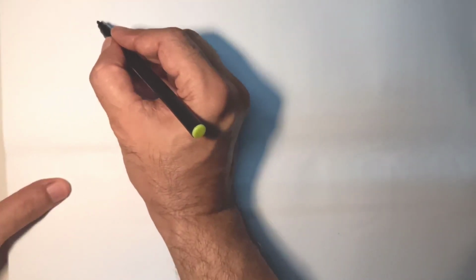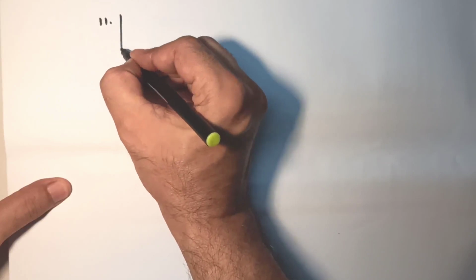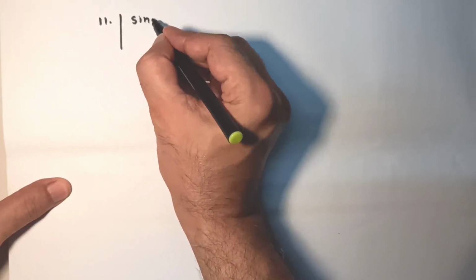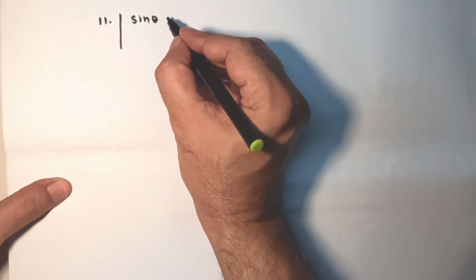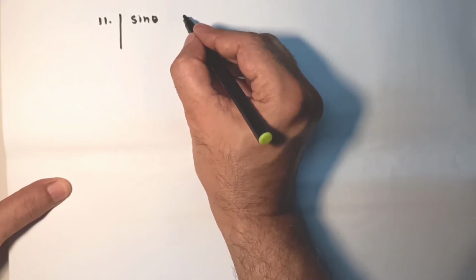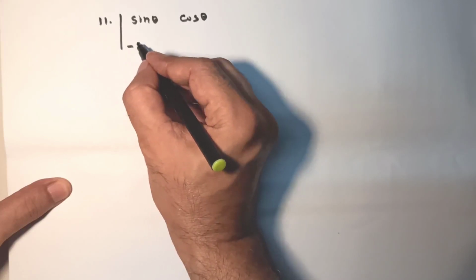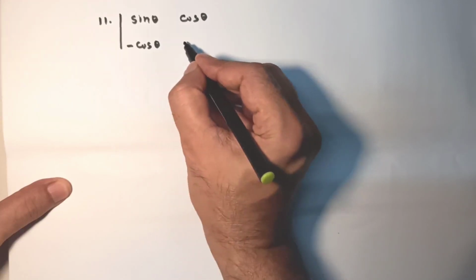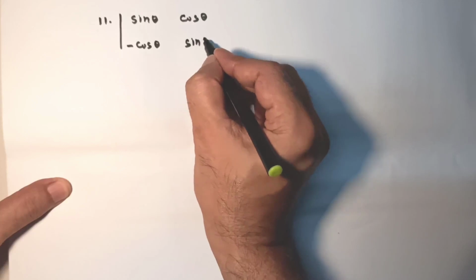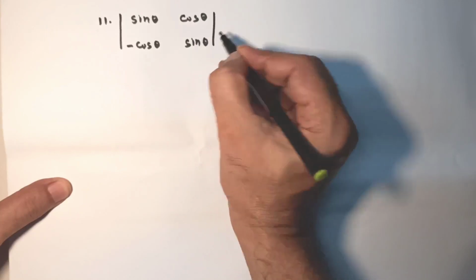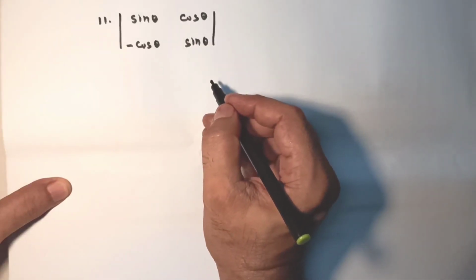Now let's go to the next question. 11th question. Let's try this 11th question. Suppose you are given sin theta and cos theta, again here minus cos theta and here sin theta, and you have to solve this.